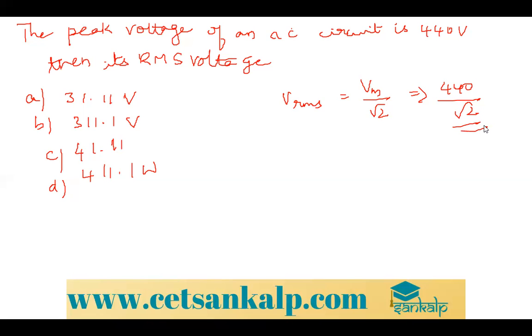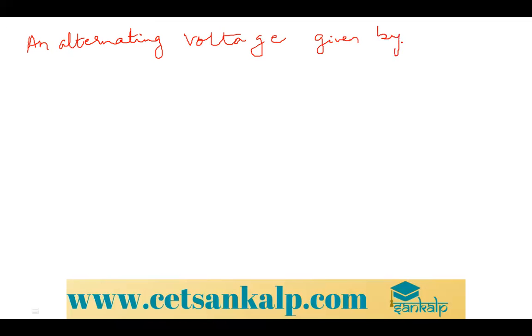Next problem. An alternating voltage given by 140 sine of 314t.